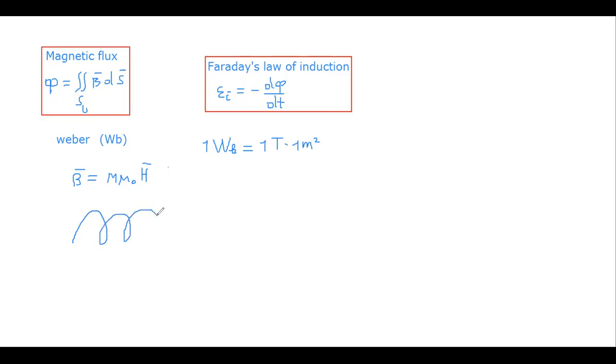What is this? This is conductor that has form similar to the spring, that has n turns, spring with n turns, and each turn of the spring is a little circuit, is a little loop.